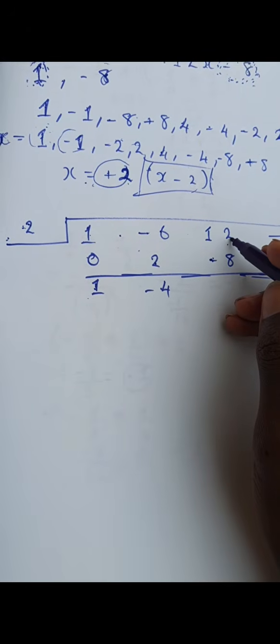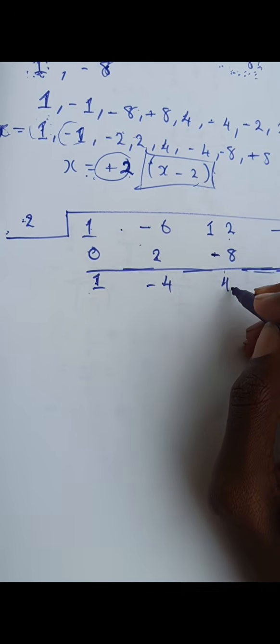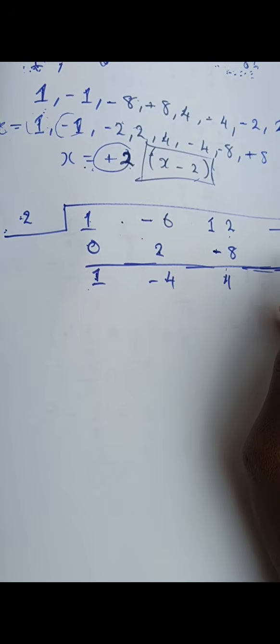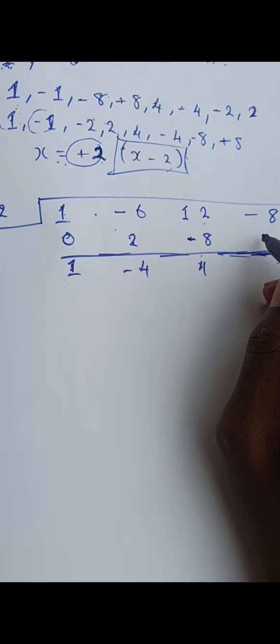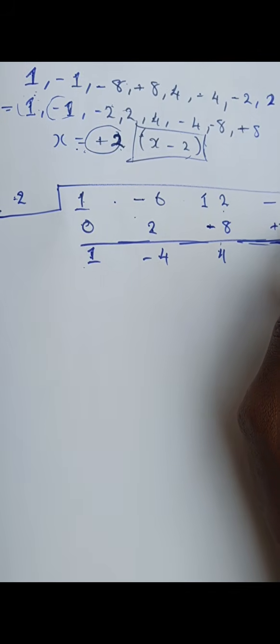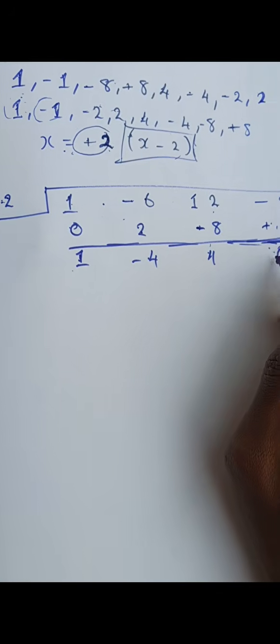Then 12 plus -8 gives us 4. So 4 times 2 is going to give us +8. -8 plus +8 is going to be 0.